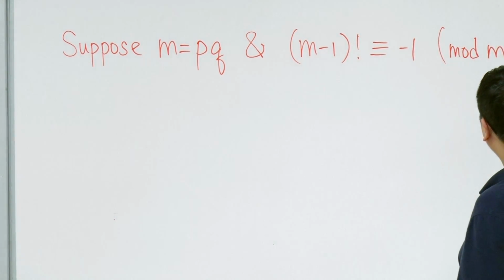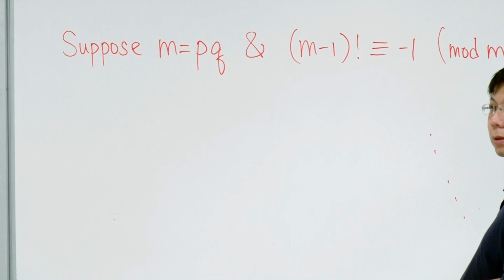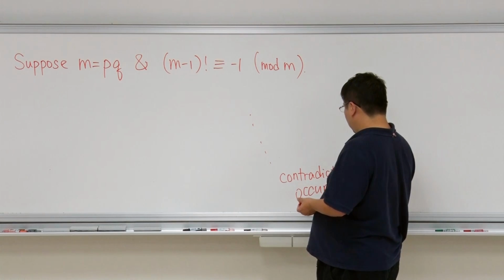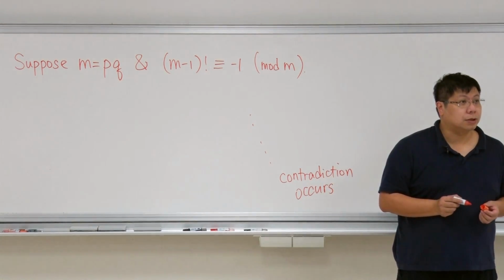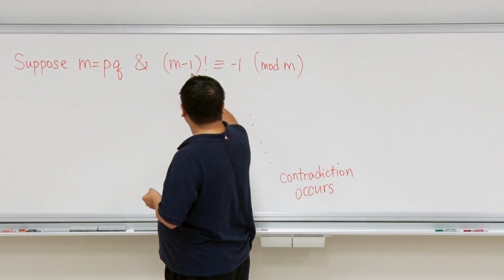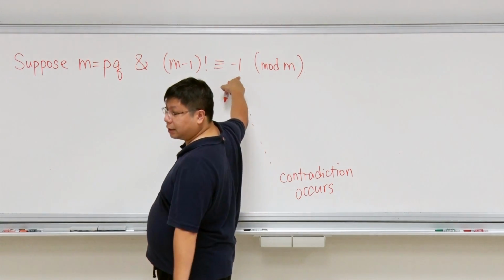Okay? And our target is, after some steps, we hope to arrive at some contradiction. Okay? So let's see. m minus 1 factorial is equal to minus 1 mod m.